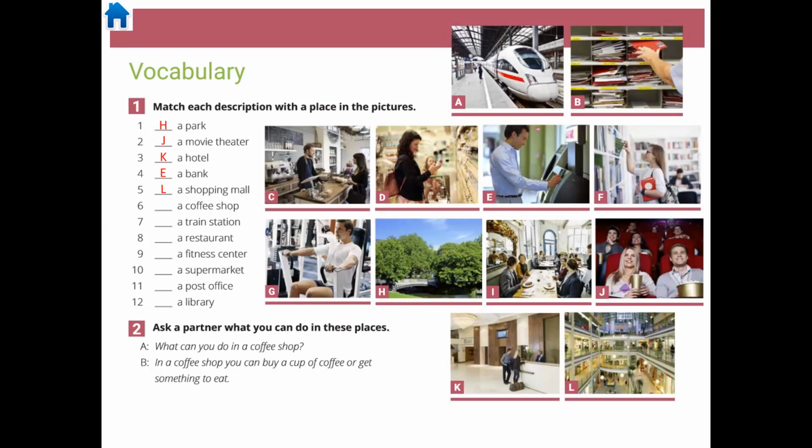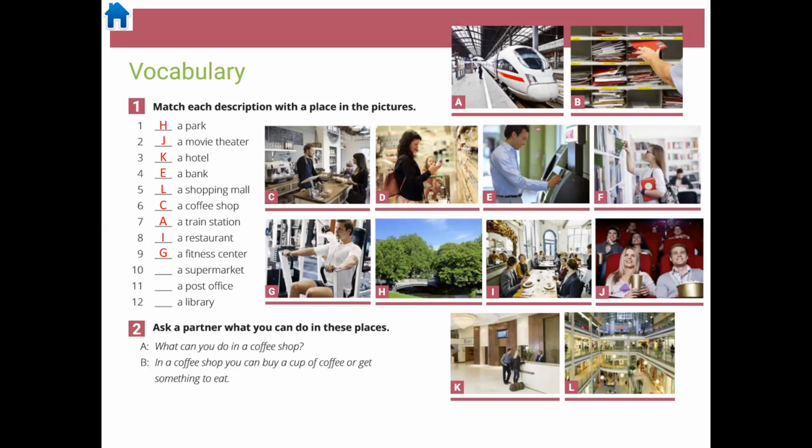Number six, a coffee shop is C. Number seven, a train station is A. Number eight, a restaurant. That one's I. Number nine, a fitness center. That one's G. Sometimes we call a fitness center a gym.